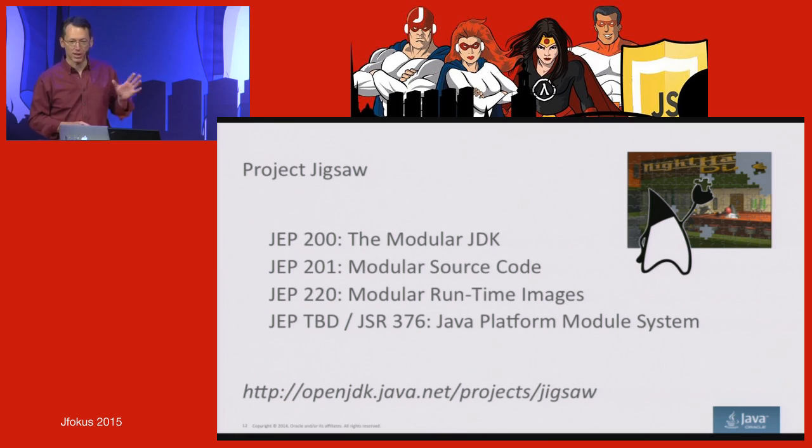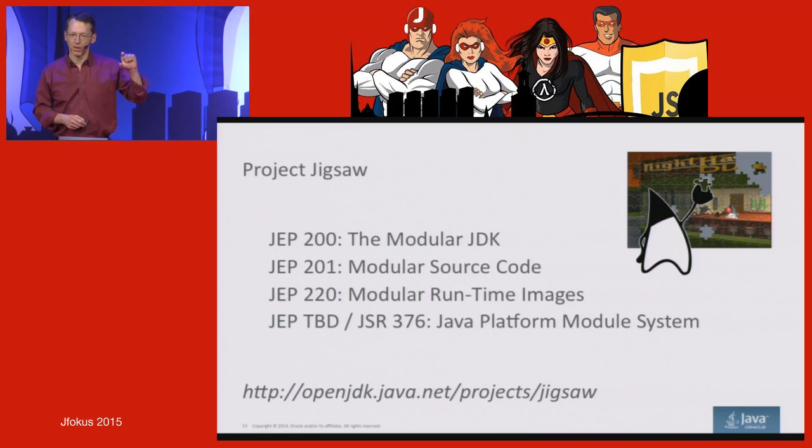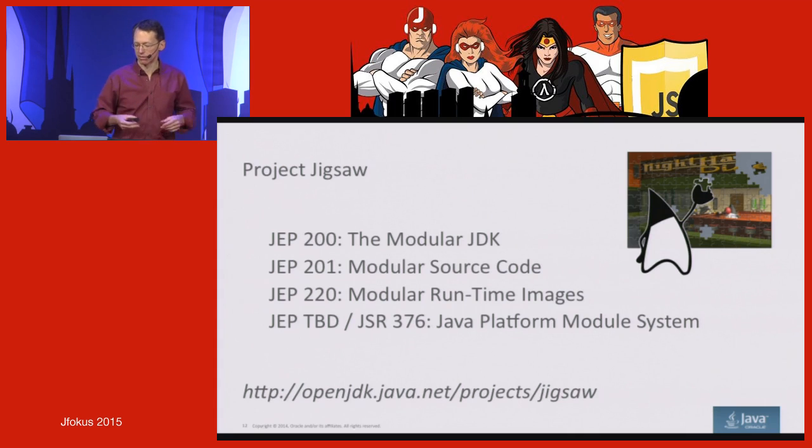So JEPs, I should say, if you're not familiar with how we do all this work in OpenJDK, a JEP is a feature unit. It's a unit of describing a feature and tracking work on its progress. So it's more about implementation really than specification, although it does include design and can have specification material in it. So for the JEPs, the first defines the modular structure of the JDK.